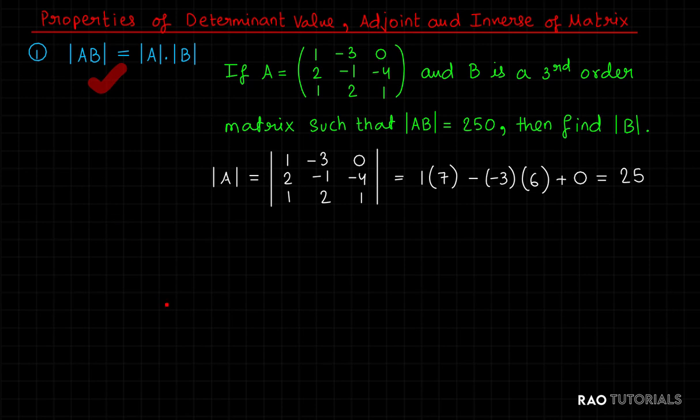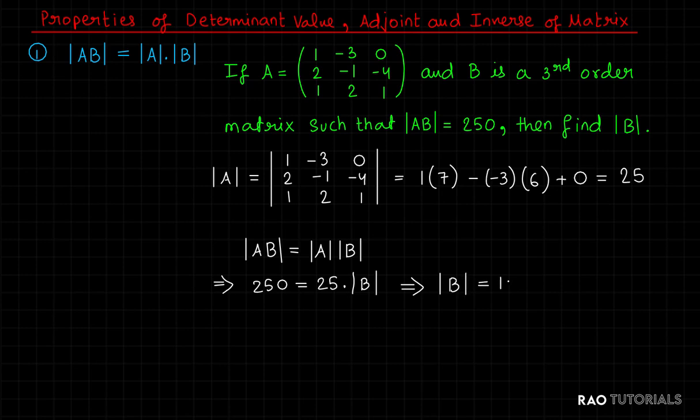Now using this result, we have determinant AB equals determinant A into determinant of B, that is 250 equals 25 into determinant B, which reduces to determinant B equals 10, which is the required value.